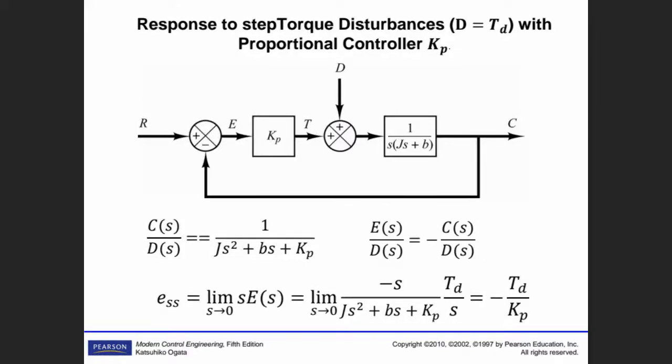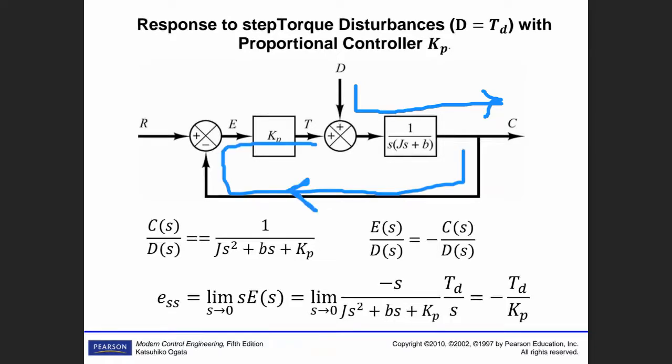Then when you solve this one, this is a kind of line, and this is the output, and that is feedback. So when you solve it, this is output and this is feedback, G over 1 plus GG. You are obtaining Cs over Ds is equal to this.